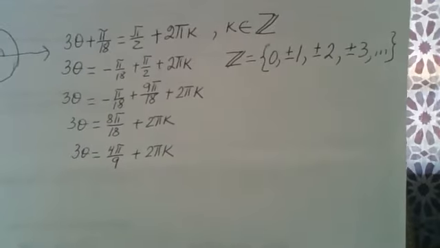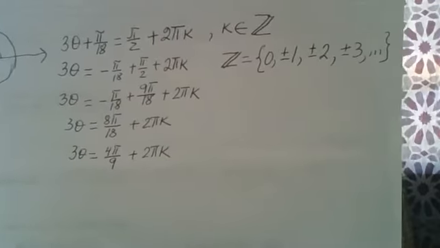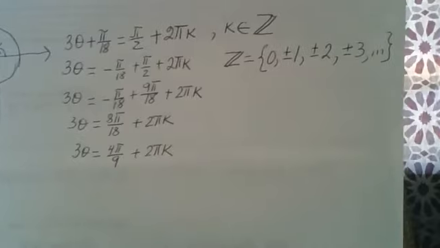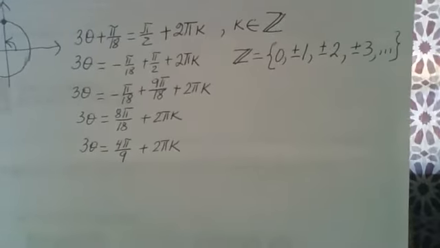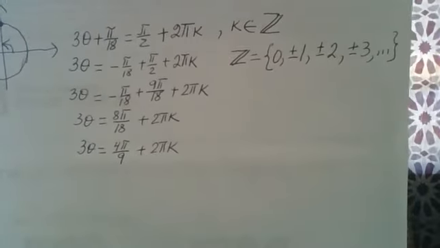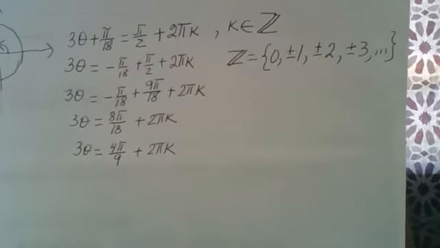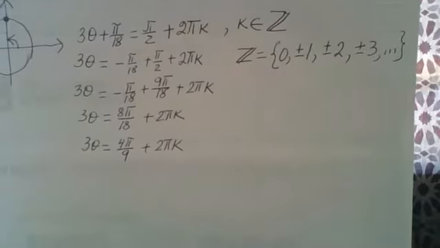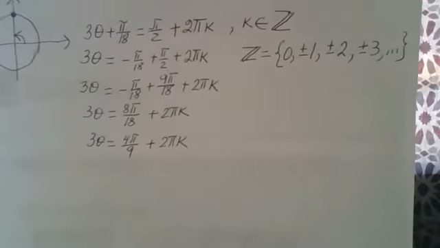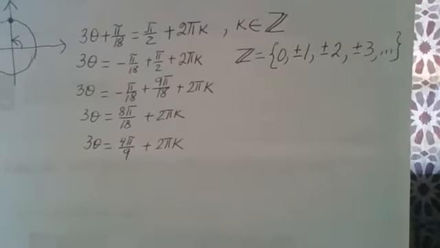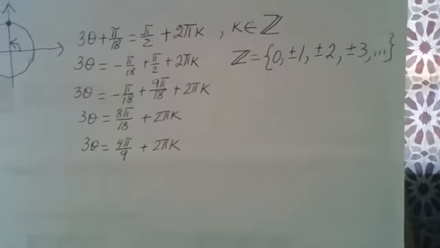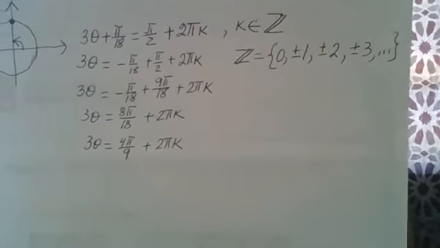But I am not interested in the 3 theta value. What would you do to get theta? Divide by 3. Can we divide by 3? Yes. Can we multiply by 1/3? Yes. Definitely we can divide both sides by 3, but because I see a fraction on the right side, I prefer to multiply by 1/3.